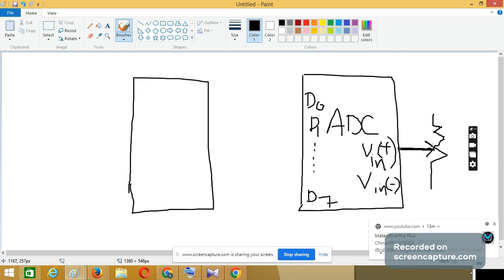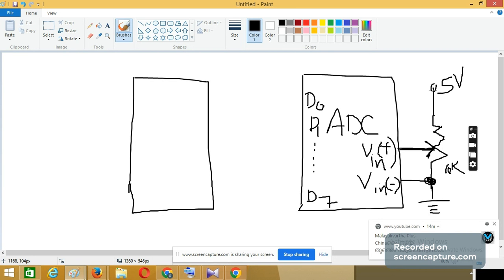The variable signal, the potentiometer, gives variable voltage to V in plus, and V in minus has to be grounded. Like a 10k pot comes from some input voltage, let us say 5 volt. So the potentiometer gives variable voltage as analog signal to this analog to digital converter.